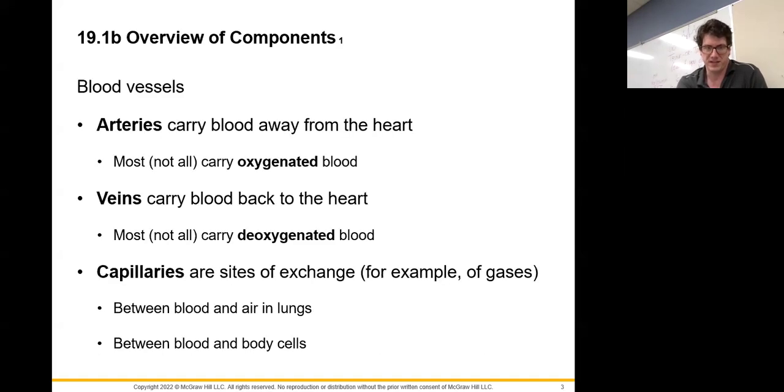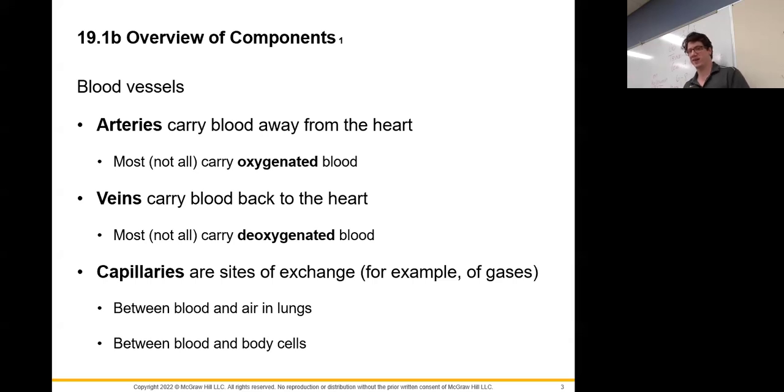Now, we have mentioned a couple times that we have different types of blood vessels. We have arteries, veins, and capillaries. Arteries, importantly, carry blood away from the heart. Okay. They do not necessarily carry oxygenated blood. Most do, but pulmonary arteries do not. Okay.